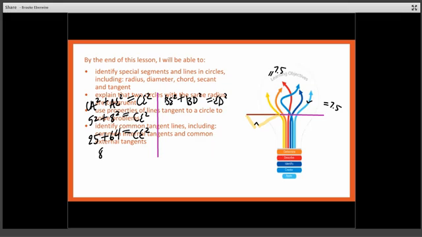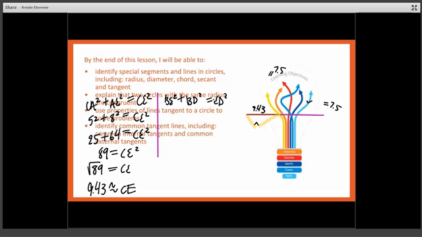So 89 is equal to CE squared. So CE must equal the square root of 89. And if I take the square root of 89, I get about 9.43. So that's this length here, 9.43.